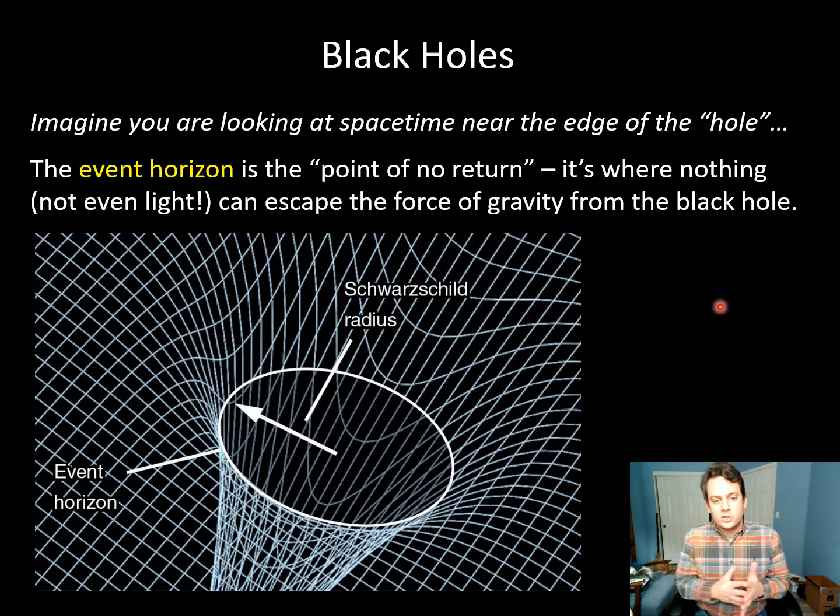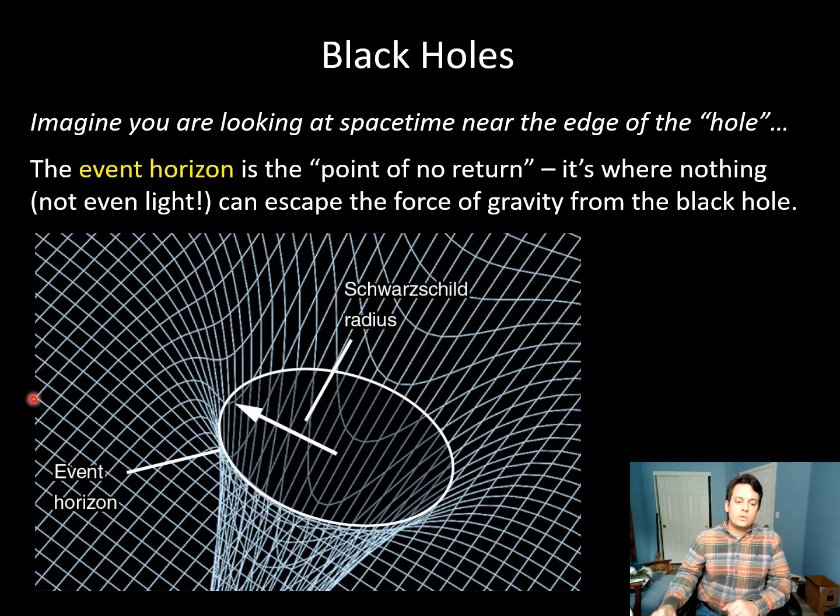So let's now imagine that you're looking at the space-time near the edge of the hole. I put hole in quotes here because we call it a hole because it sucks everything in. Nothing can escape. But there's something we call the event horizon, which is just the point of no return, or the surface of no return. It's where, if you get inside that event horizon, nothing can escape, not even light.